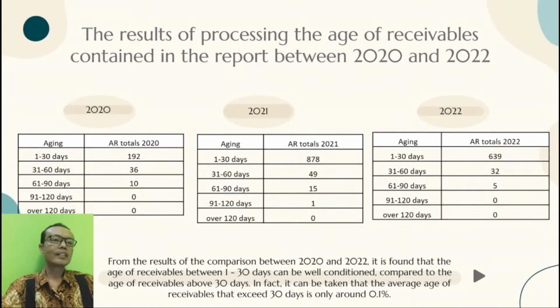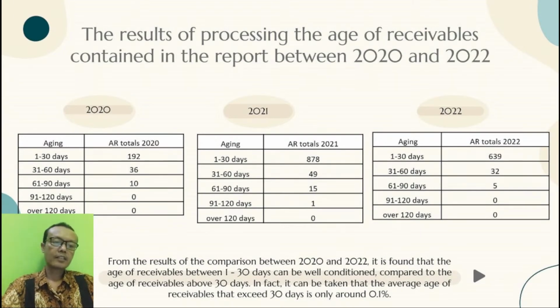The result of processing the act of receivable contained in the report between 2030 and 2022 found that the acts of receivable between 1 and 30 days can be well conditioned compared to the acts of receivable above 30 days.